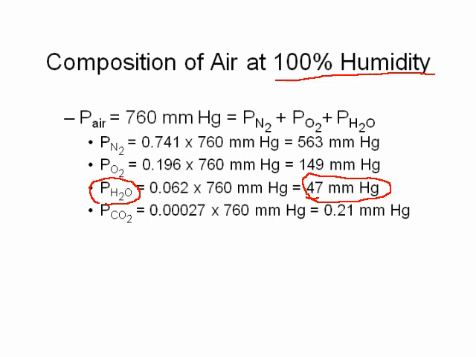So rather than the partial pressures that we saw on the previous slide being relevant to the gas mixture in the alveoli, we have to take into account the fact that this 47 millimeters of mercury of pressure, because it's water vapor, is displacing both oxygen and nitrogen in the inspired gas mixture. So the inspired partial pressure for nitrogen, rather than 600, is 563.